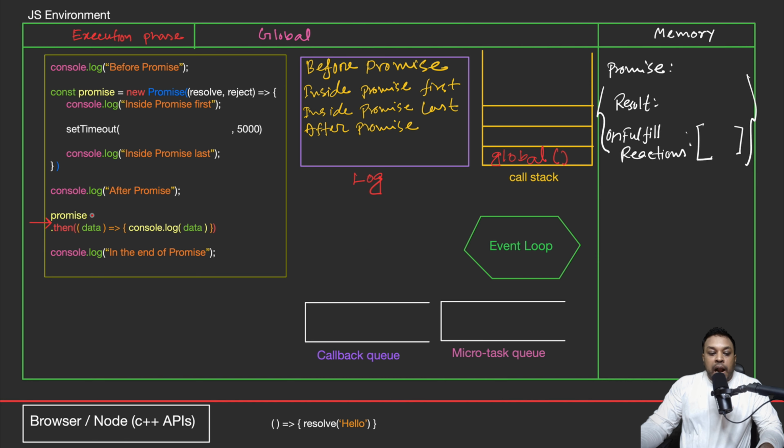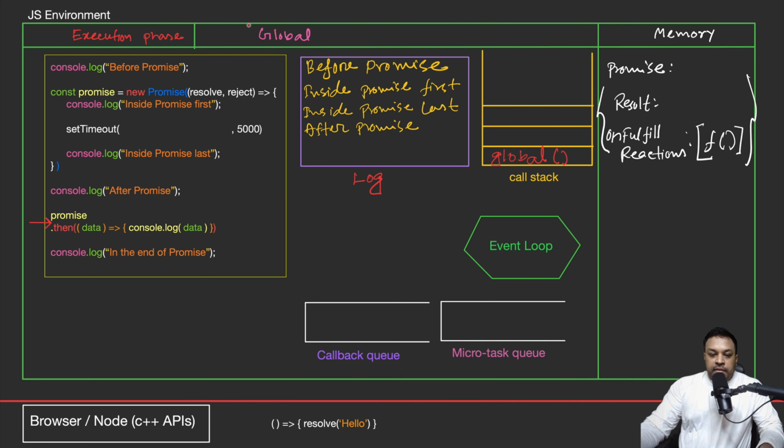Here our promise is pending because the resolve is not called yet. Resolve will be called after 5 seconds. Here it is waiting. So it is pending. So what it will do basically, it will put this function here in this on fulfill reactions array. Okay, so let's put that. It will be here, basically this function.